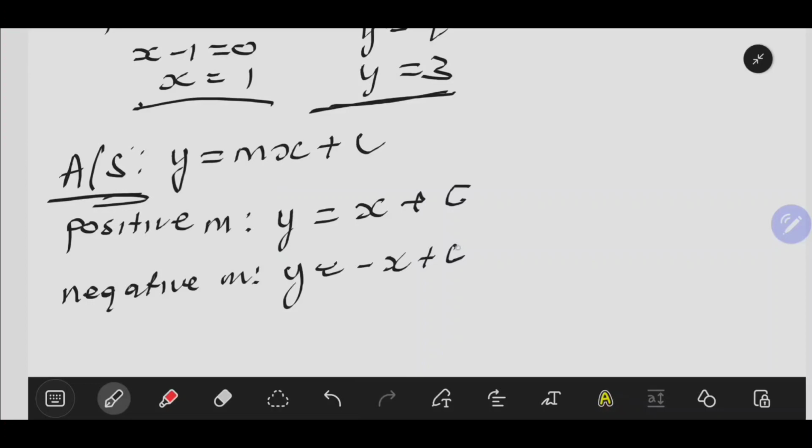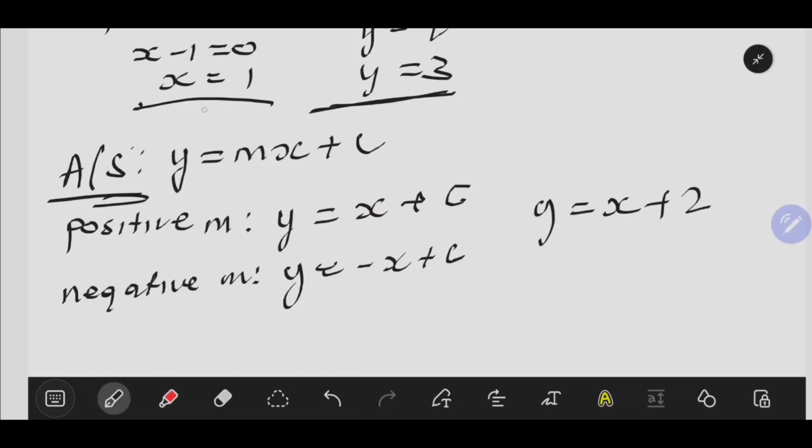So in order to obtain the value of c, because you know that to complete an equation we must have, for example, y is equal to x plus 2. So in order to find the value of c, you are going to take your x asymptote and your y asymptote, and put them in coordinate form.